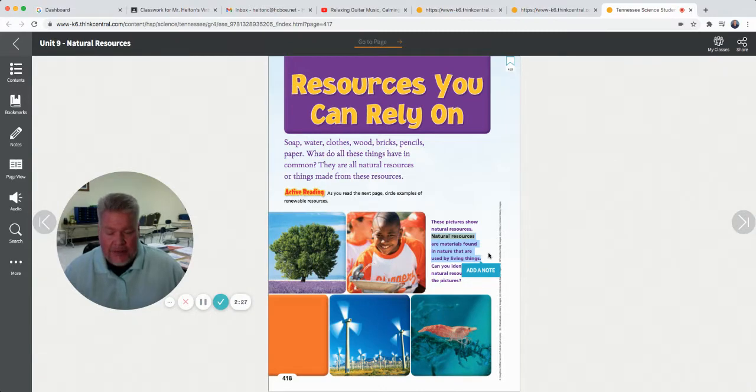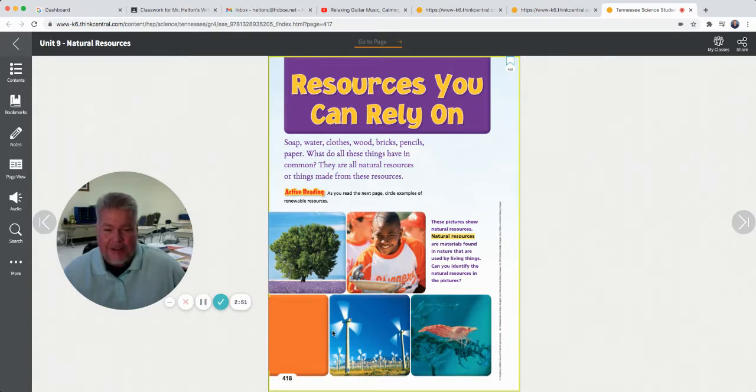So let's look and see if we can decide what these are. There's a tree, so we can get wood from a tree. Sometimes we get fruit from a tree, don't we? Or nuts. This little guy's about to drink some water here. Water is in nature. These fans, what? Did those fans grow there in nature? No, of course not. They're using wind.